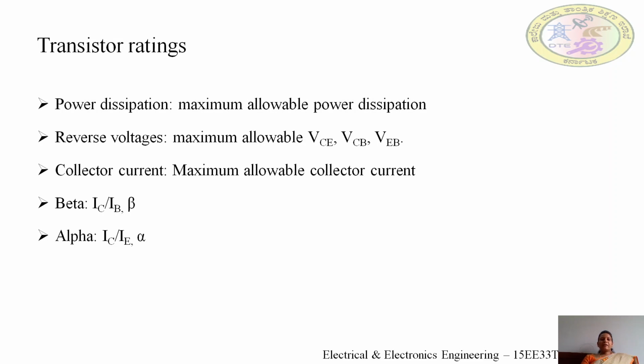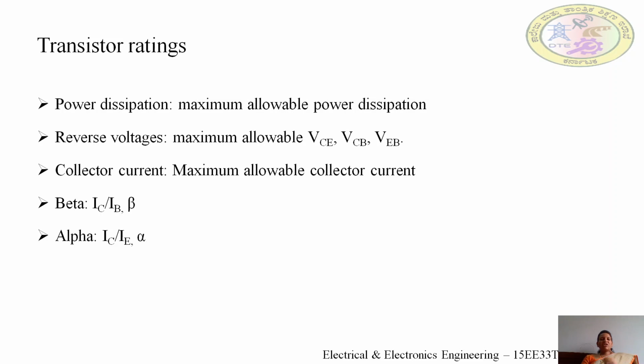So now let's get on to the ratings of the transistor. Like any other electrical or electronic devices, even transistors are rated for voltage, current and power components. The first rating is the power dissipation. It is nothing but the maximum allowable power that can be handled by a transistor without being destroyed.